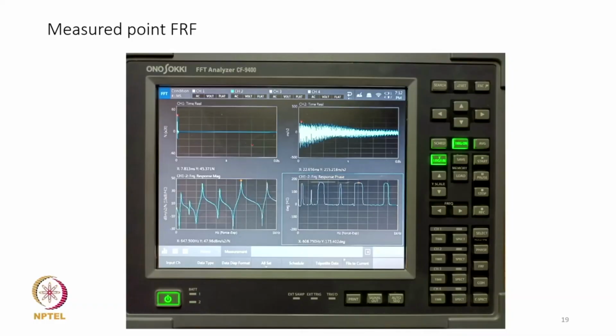So this is the force signal, and this is the acceleration signal. The lower two figures show us the magnitude of the frequency response function and the phase of the frequency response function. So this is the magnitude plot, and this is the phase plot.